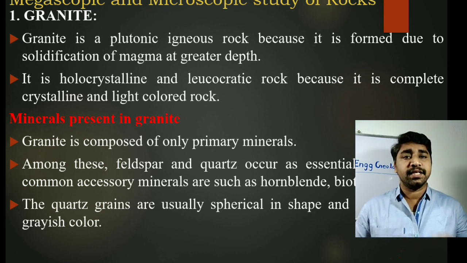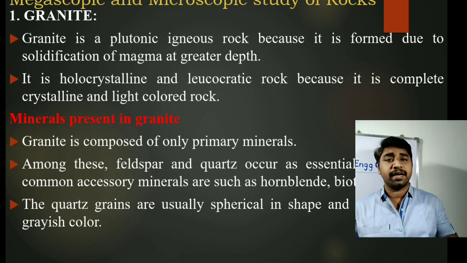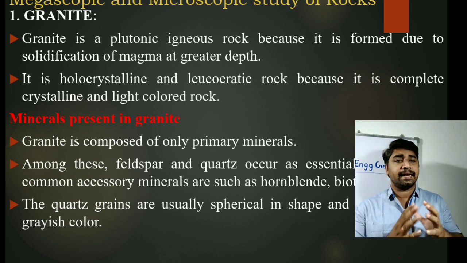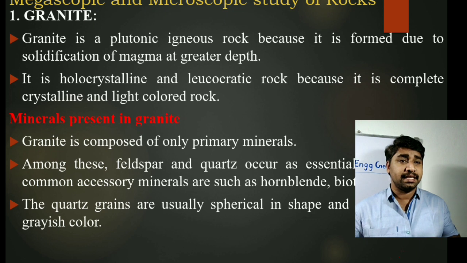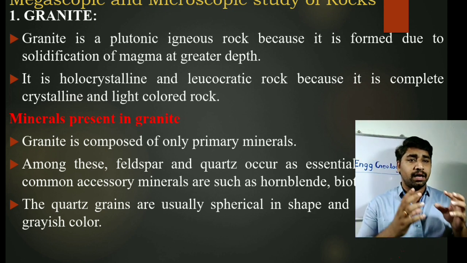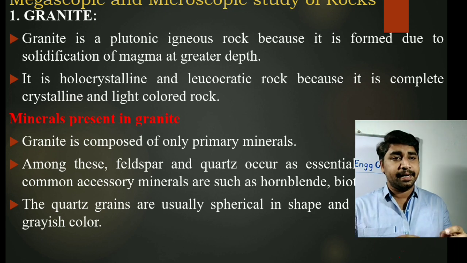Next, it is a holocrystalline and leucocratic rock, because it is completely crystalline and a light colored rock. Color wise, granites are leucocratic rocks, meaning light colored rocks. The color of the granite will be white, gray, or light pinkish.